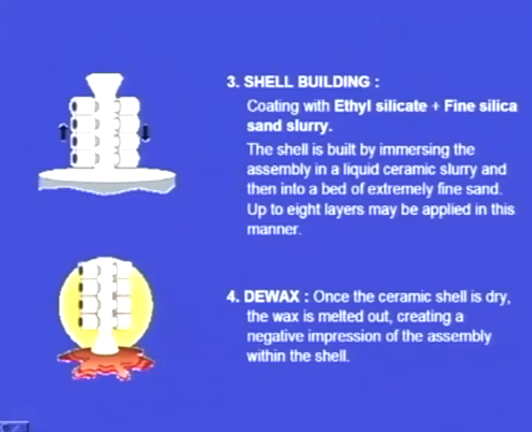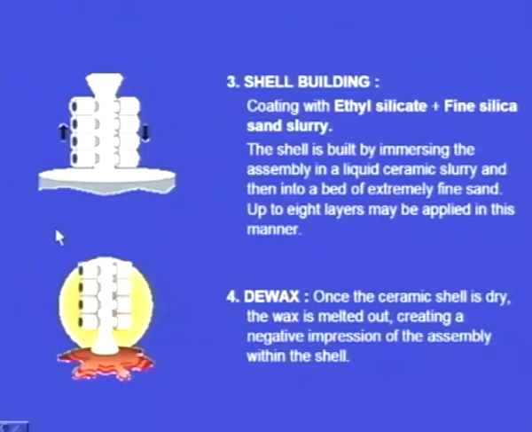So we will be heating the system, the wax will be melting, the wax will be flowing out from the assembly, and we heat it such that even the small trace of the wax will not be present inside. The system is heated completely so that the wax is completely drained out.